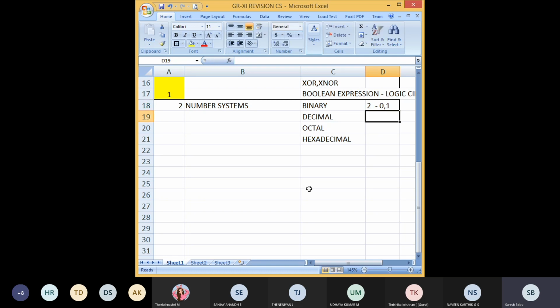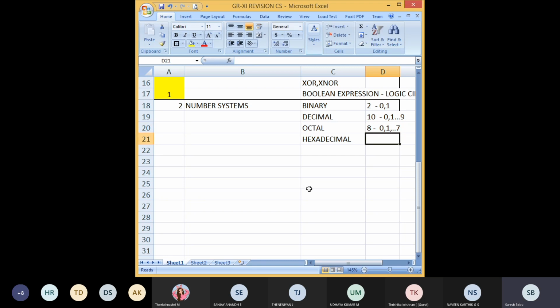Then decimal, the base is 10, so you will get 10 numbers, from 0 up to 9. In octal, the base is 8 and you will have 8 numbers, from 0 to 7.